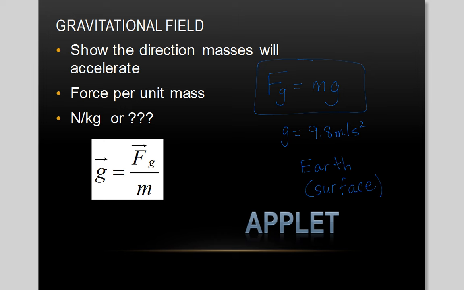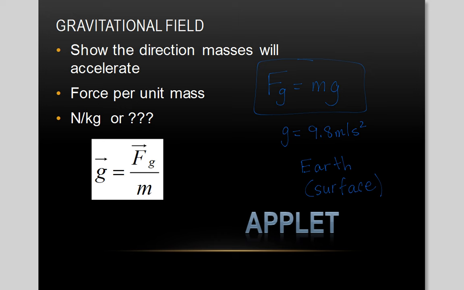You'd get meters per second squared. But it's also nice to think about it as a newton per kilogram, as a force per unit mass. So what amount of force is going to be on a unit of mass? That is g. How much force per unit of the mass?